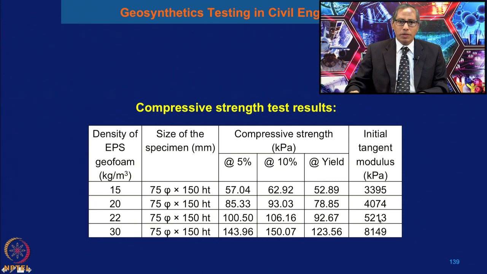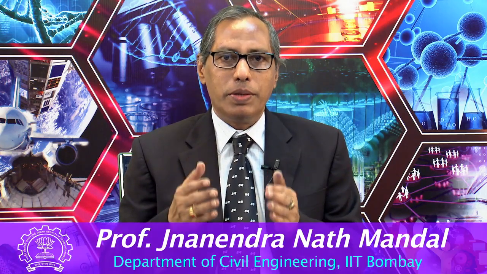For an EPS density of 22 kg per meter cube, the initial tangent modulus is 5213, and for 30 density the initial tangent modulus is 8149 kilopascal. So, you can see from this table that as density increases, the initial tangent modulus value also increases, the yield value also increases, and the compressive strength of the EPS geofoam increases with the increasing density of the EPS geofoam.